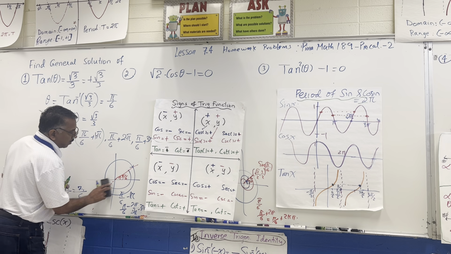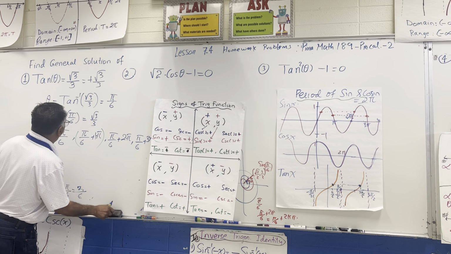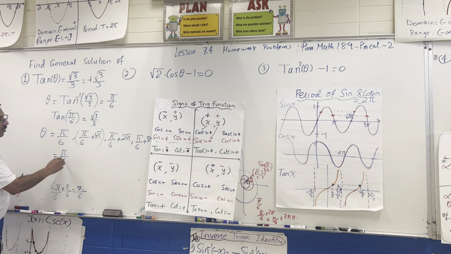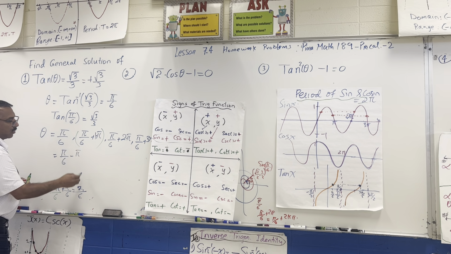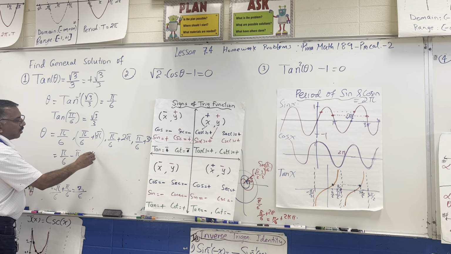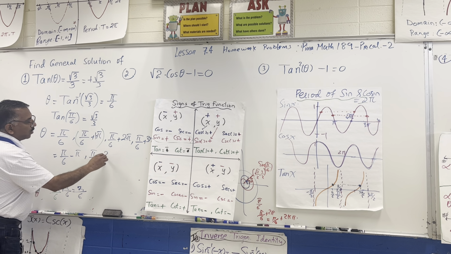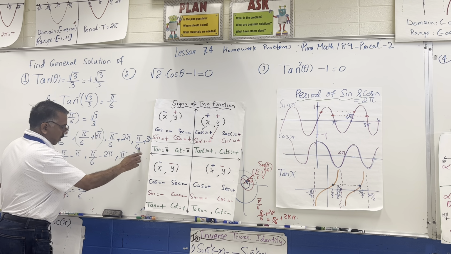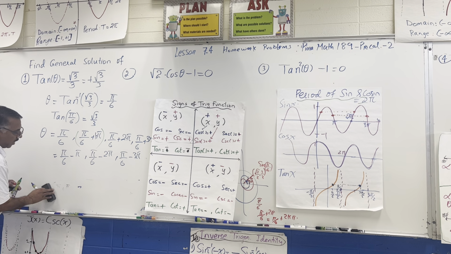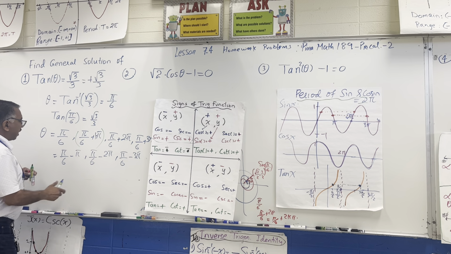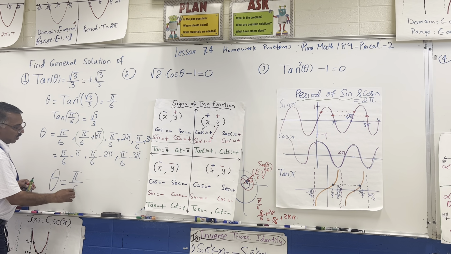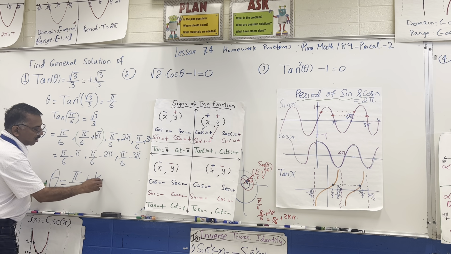So the point I'm making is, if theta is pi by 6, we can say not just this, it could also be pi by 6 minus pi, going back to the same one, or pi by 6 minus 2 pi, or pi by 6 minus 3 pi. So instead of writing all this, in general you just say it is pi by 6 plus k times pi.